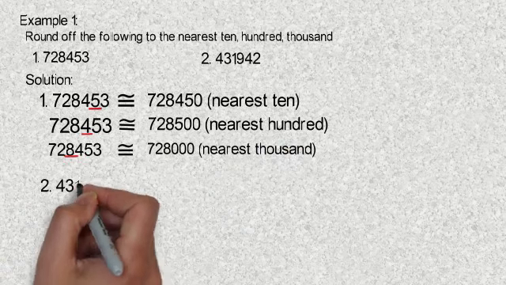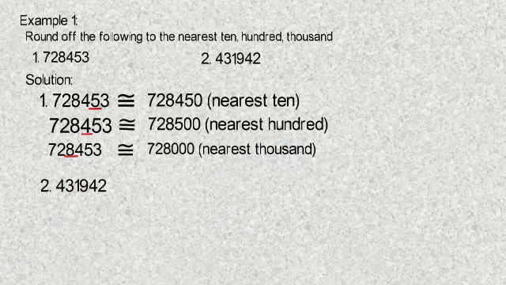So let's solve example 2. Example 2 says we should round off 431942 to the nearest 10, 100 and 1000. So rounding off to the nearest 10 now, starting from the right hand side, my 2 is in the units place value, my 4 is in the 10 place value.